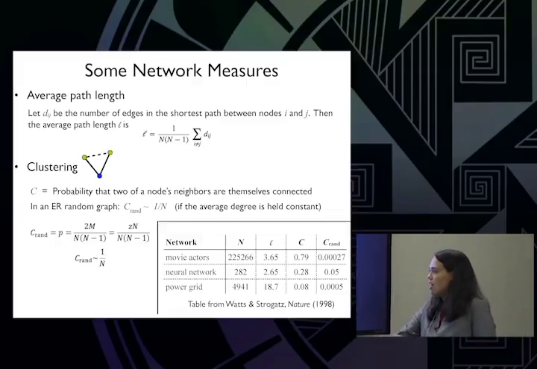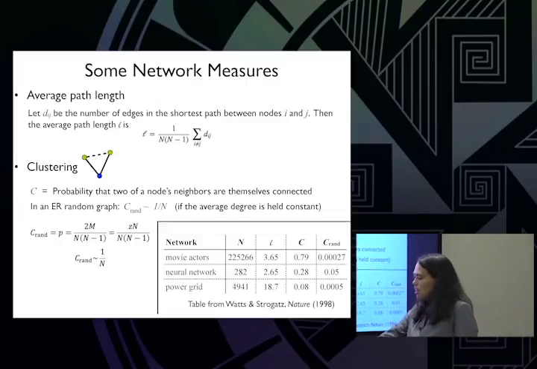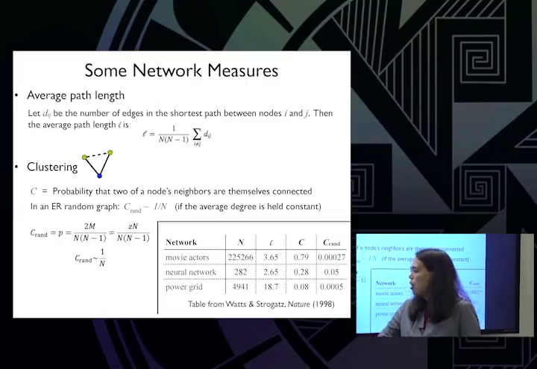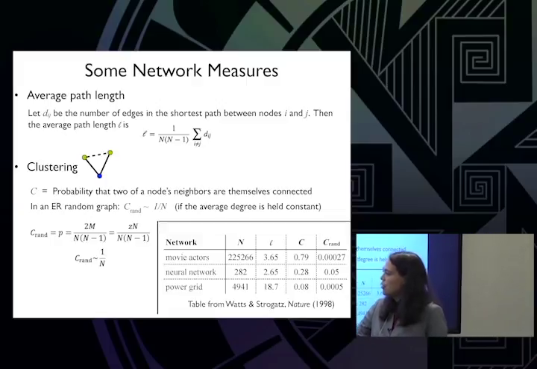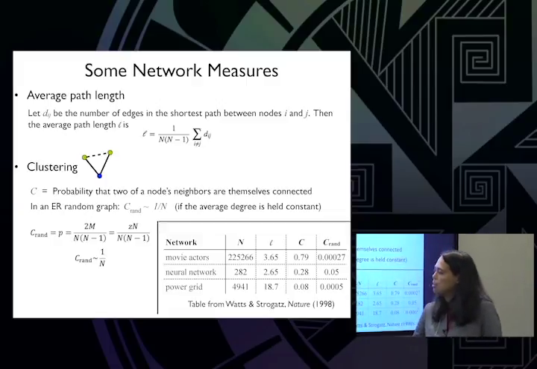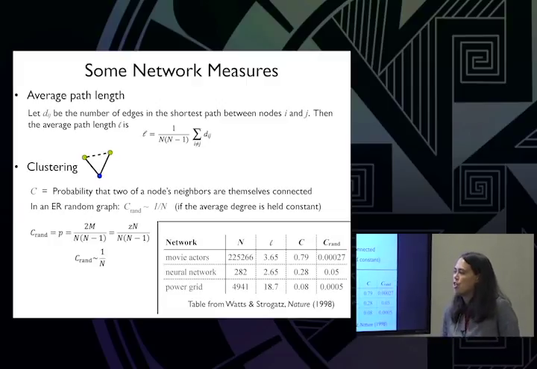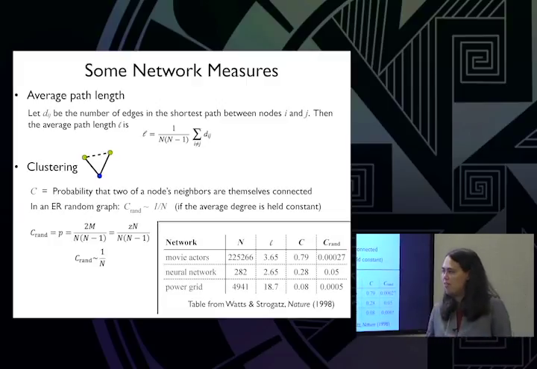For a neural network, this is the neural network of the nematode C. elegans, a little worm. The number of nodes is small. The average path length is a little under 3. The clustering coefficient is about 0.3, which is still much larger than the clustering coefficient in a random graph of 0.05.